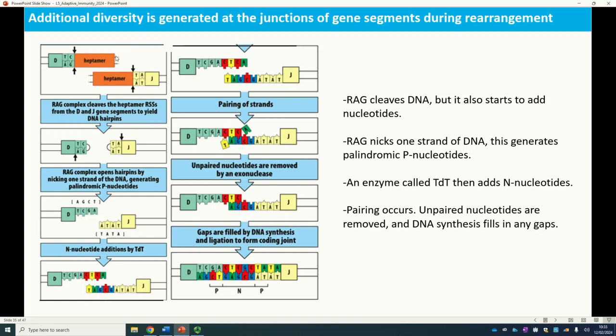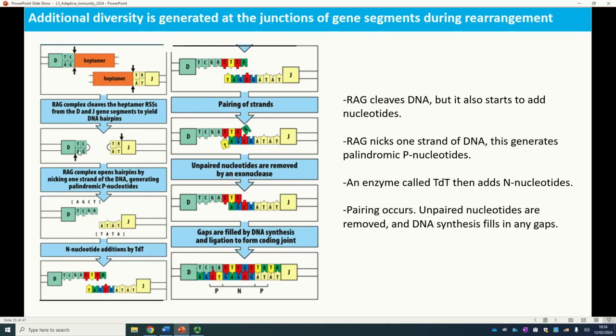Obviously here we've got our RSSs, our heptamers in this instance. RAG will have bound to the RSSs and it will have cleaved the DNA, as you can see at these arrows here. What will happen is RAG will initially nick one strand of the DNA, and then this loops out, as you can see here, and this creates this palindromic sequence.